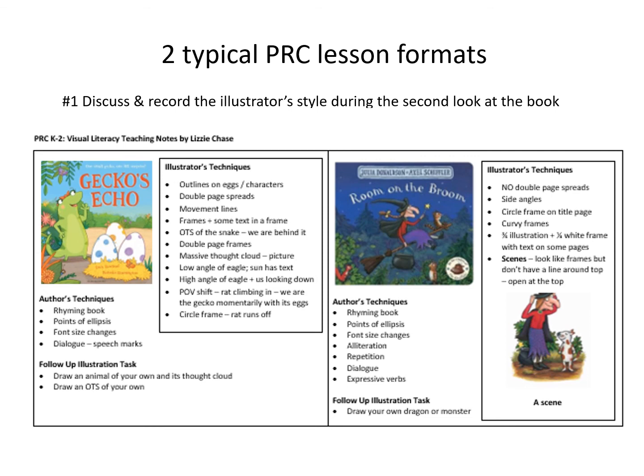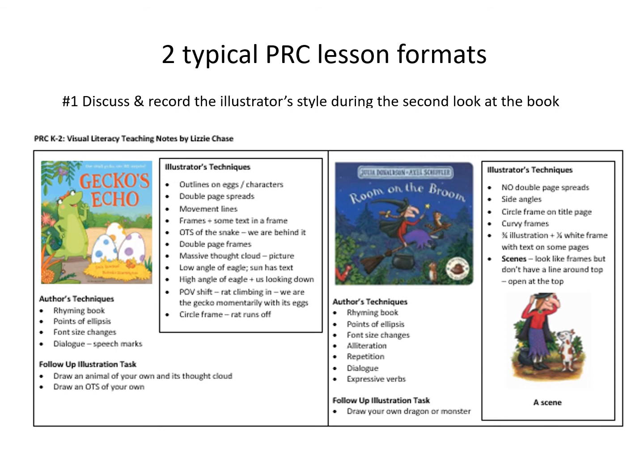So one typical thing we can do is enjoy a book together, and on the second read through, we can have a flip through and notice some of the things that that illustrator really loves to do. And we can actually record those illustrators' techniques.